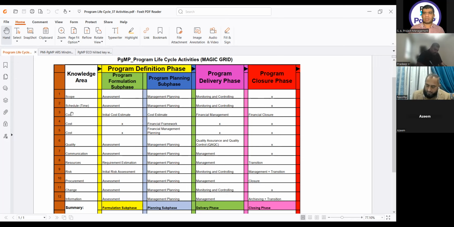Then comes the cost. In the cost, in the formulation phase, we have only one activity, which is initial cost estimate. In the planning phase, we have 3 activities in the cost. The first is cost estimate.